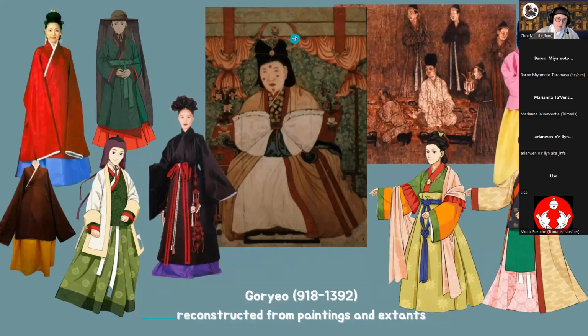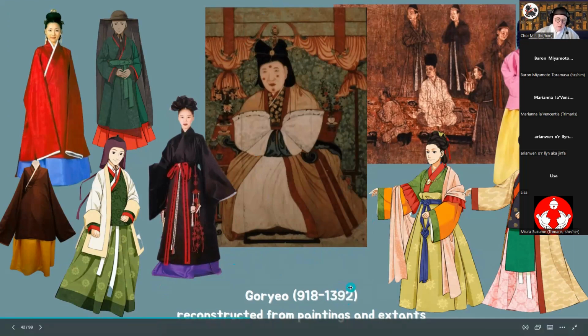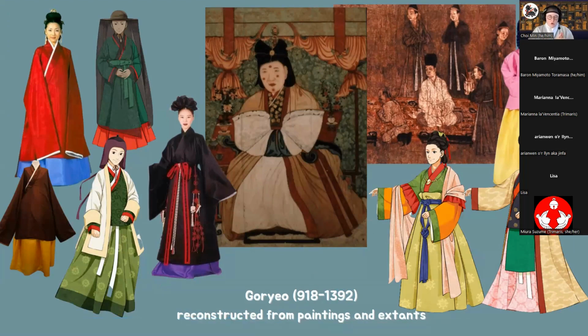Here's another painting that exists, again of a Goryeo woman, but it was painted in her memoriam right at the end of the period. She was alive in Goryeo when the Joseon dynasty's coup and government takeover happened, and then she passed away in early Joseon.